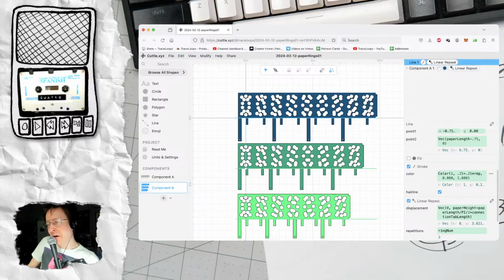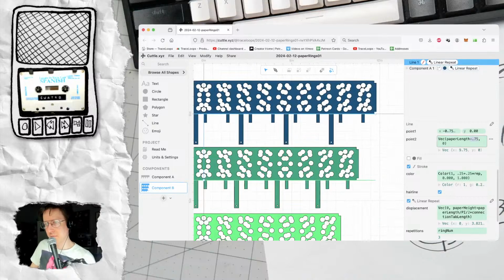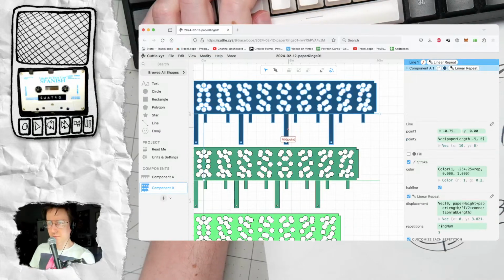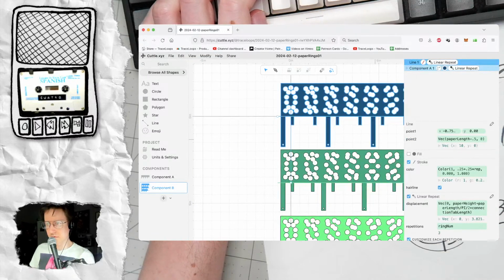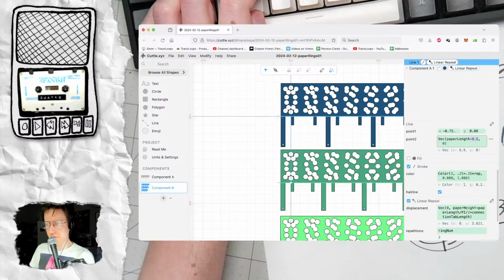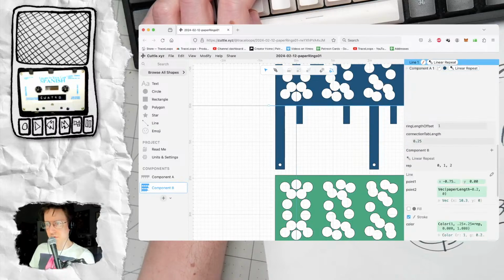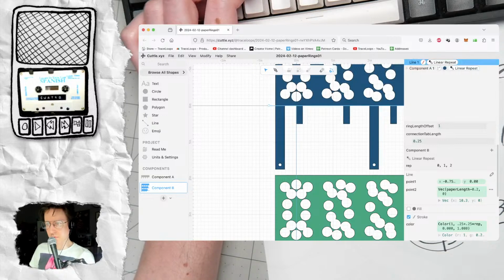I think I'm okay. What is this looking like? 0.1, negative 0.75, paper length minus 0.75. Paper length minus 0.5. Line. Oh, that's fine.